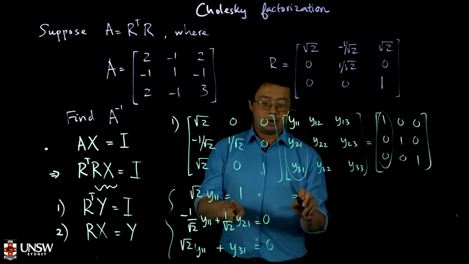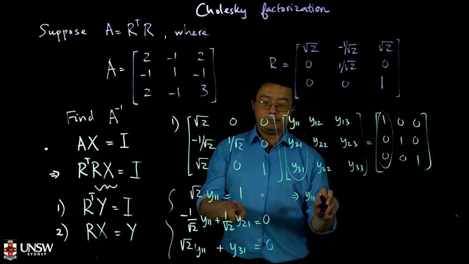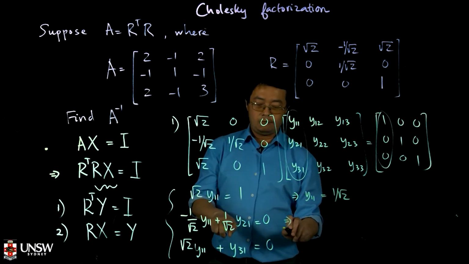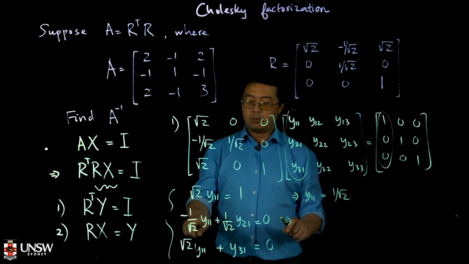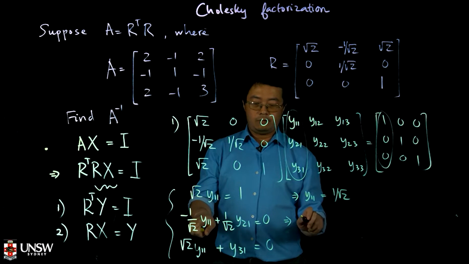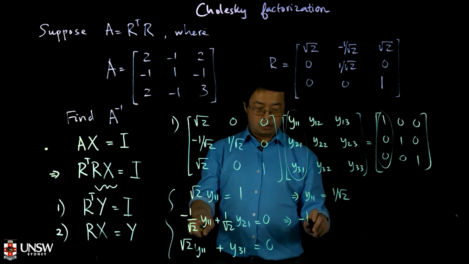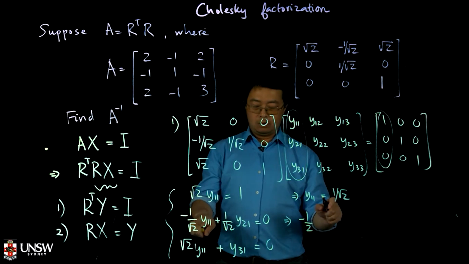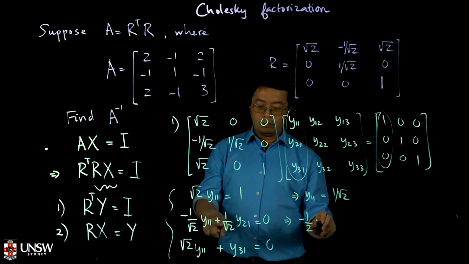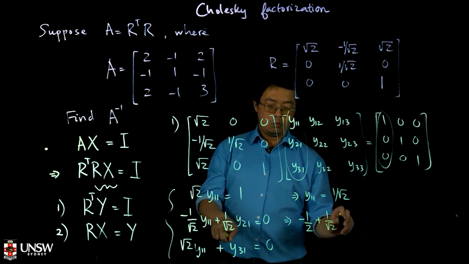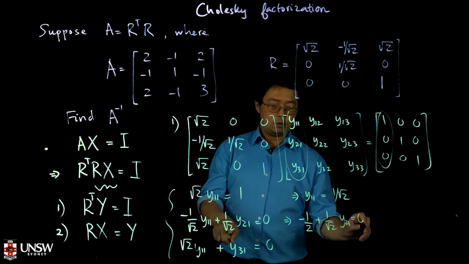The first equation gives me Y11 is 1 over root 2. The second equation: minus 1 over square root 2 times 1 over root 2 gives minus 1/2, so minus 1/2 plus 1 over root 2 Y21 equals 0.